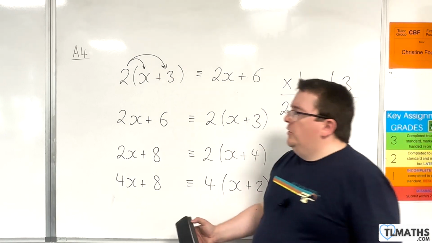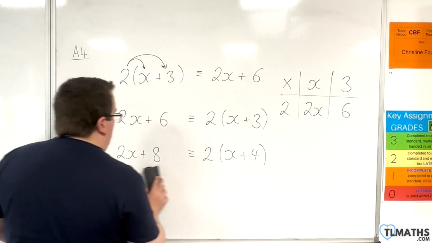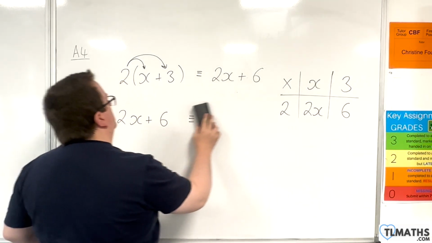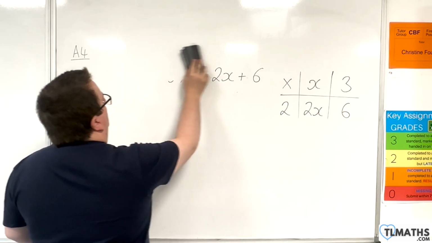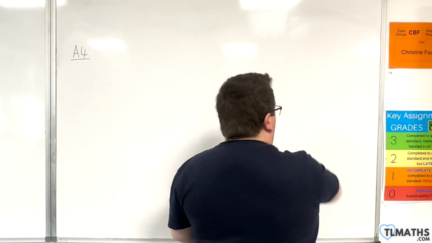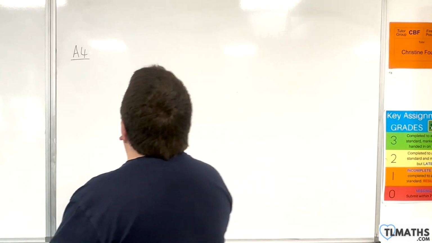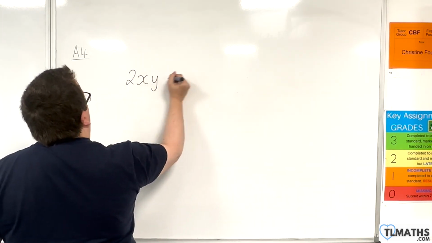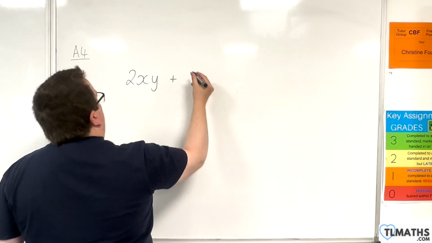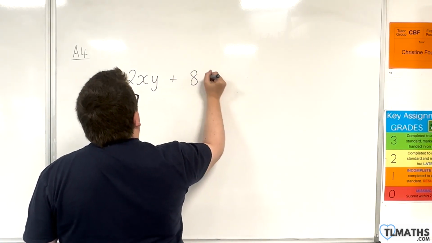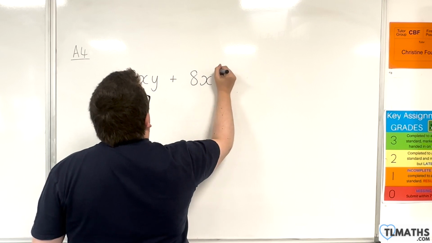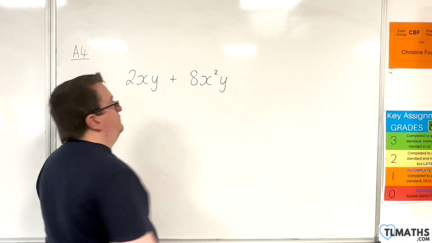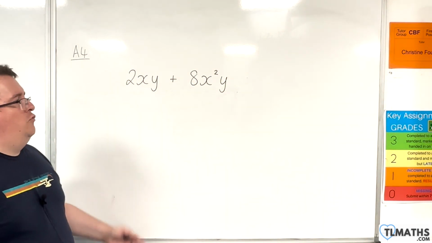And we could have multiple variables. So we could have something like 2xy plus, let's say, 8x squared y. Okay? So we could really ramp this up.